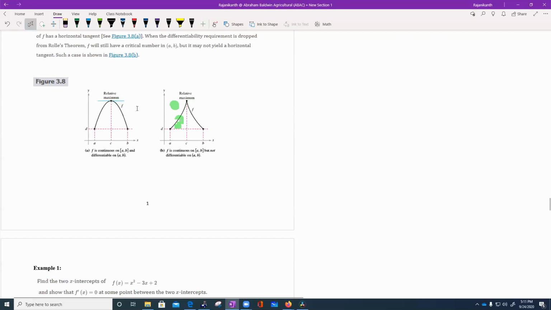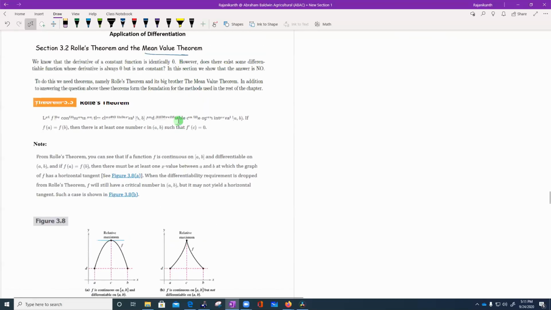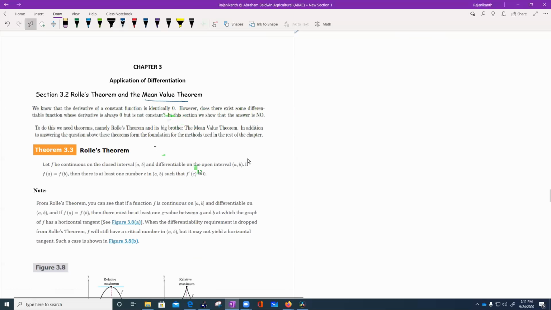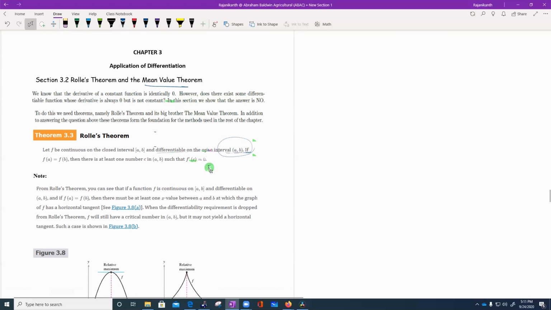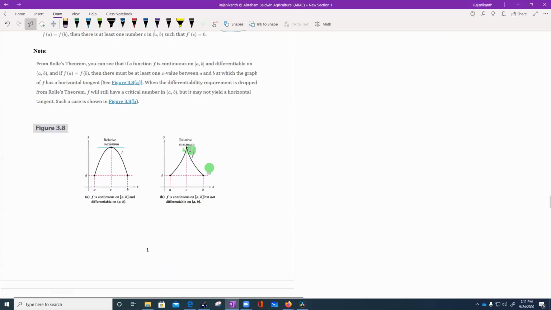There are 2 possibilities, but the theorem says we are looking only for differentiable functions. The function should be differentiable throughout the interval. Remember, this point is not differentiable because it is a sharp turn. So we don't apply Rolle's theorem for this kind of picture.